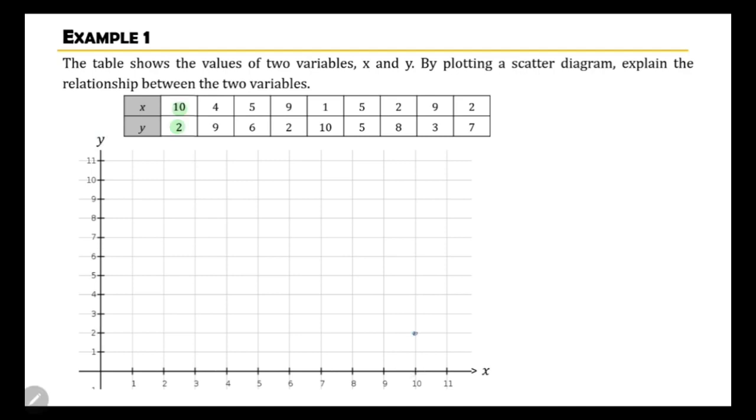So here, when x equals 4, y equals 9, and the rest of the data. This is what the scatter diagram looks like. And as we can see, there is a noticeable slope on the graph, where as x increases, y decreases. So x and y have a negative linear correlation.